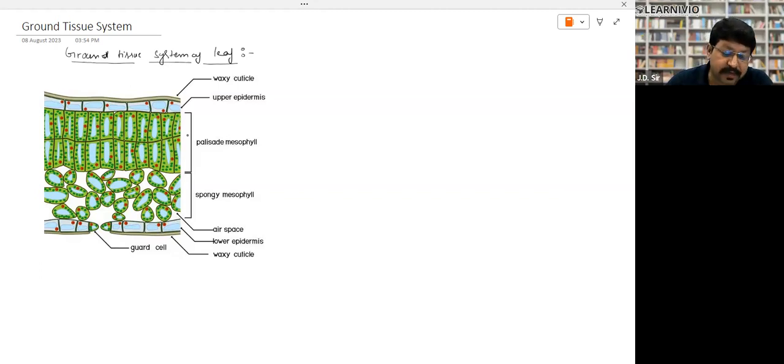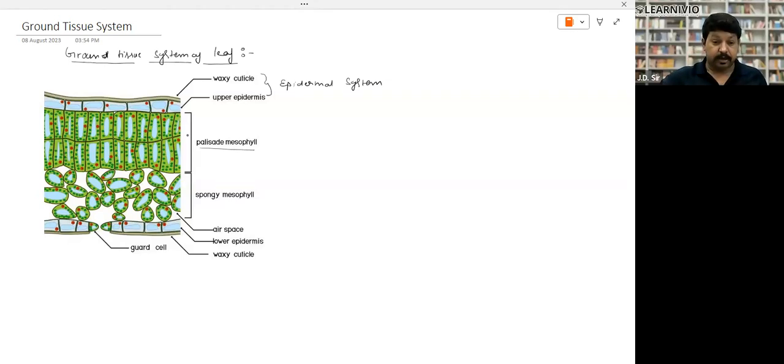So again, the waxy cuticle is the epidermal part. This is the upper epidermis, so this is the epidermal system or dermal system. This is the palisade mesophyll.